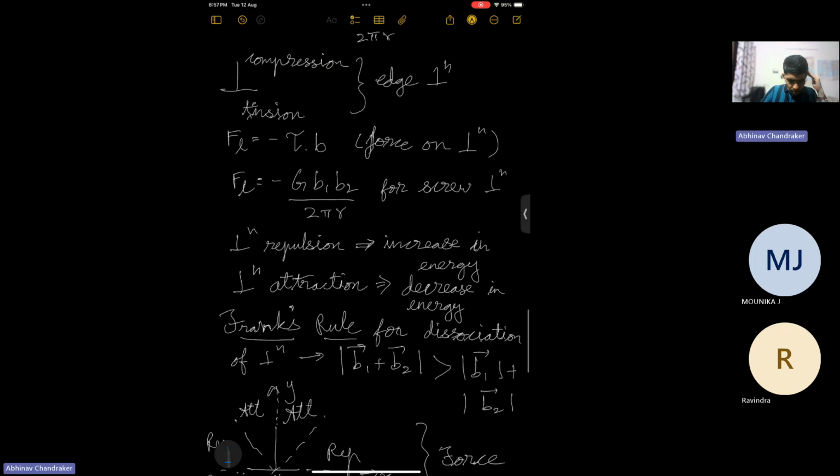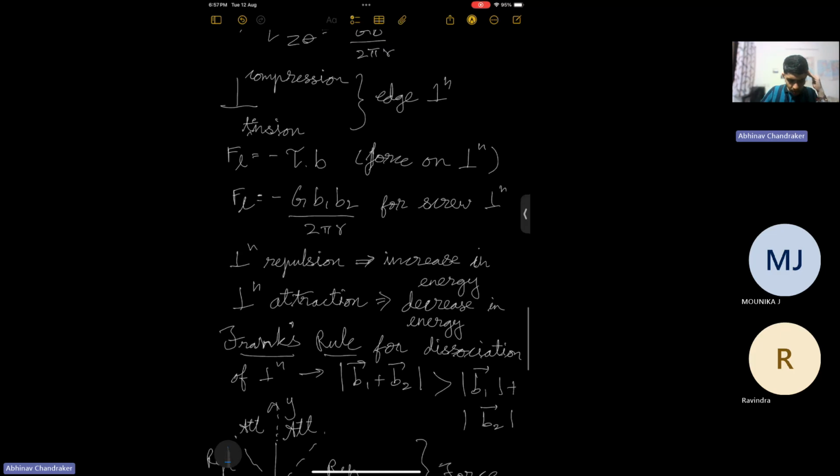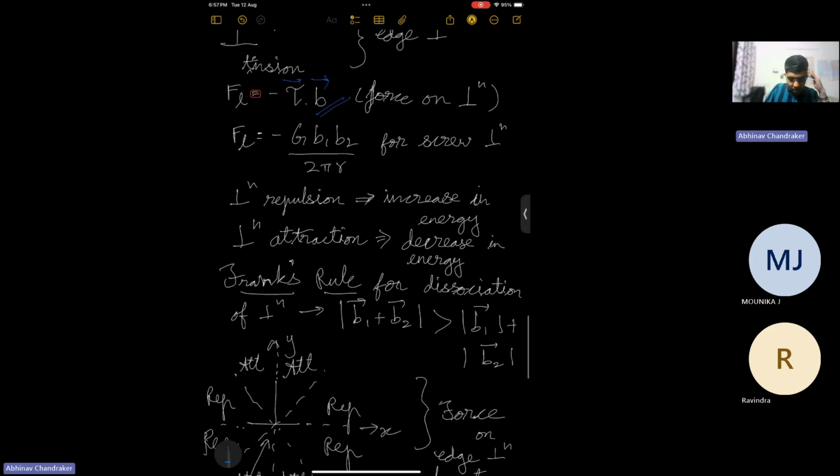Then we look at the force on a dislocation. If you apply a shear stress tau, the force will be minus of tau dot b. The force of one screw dislocation on another will be minus G b1 by 2 pi r into b2.